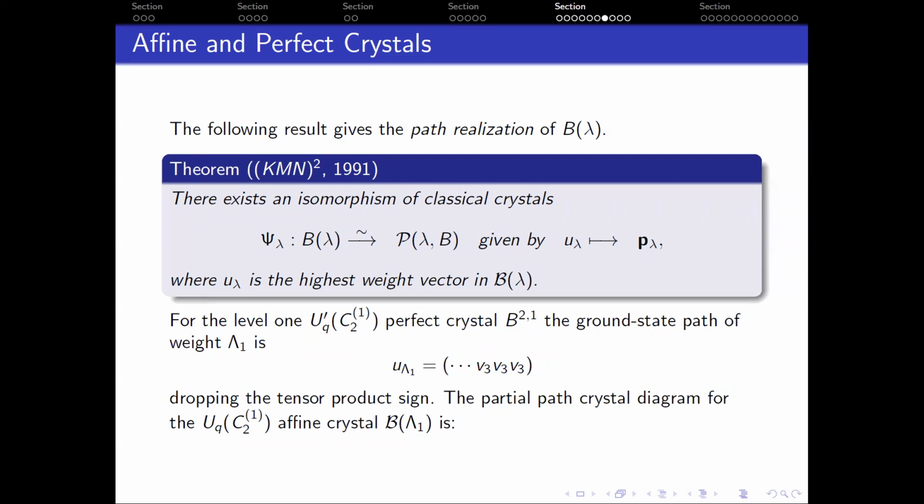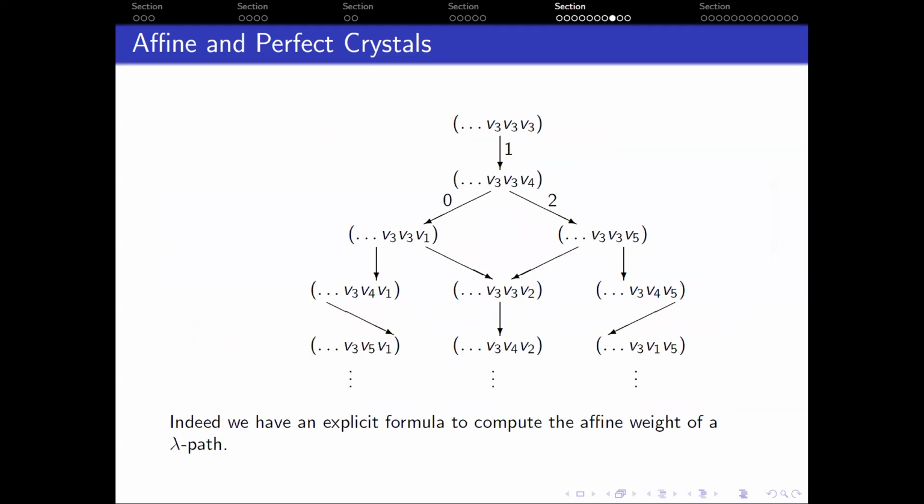The crystal for this affine module is indeed this, just a partial diagram, and the actions are given by the tensor product rule. This is the so-called signature rule, and that gives you these arrows, which F_i does act on it.